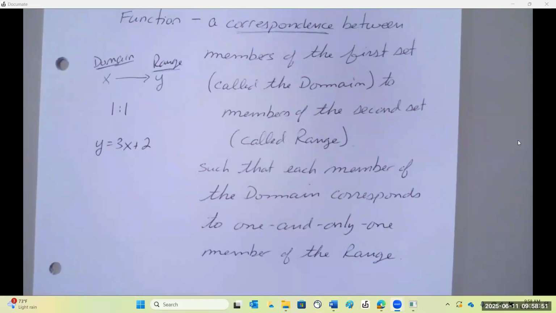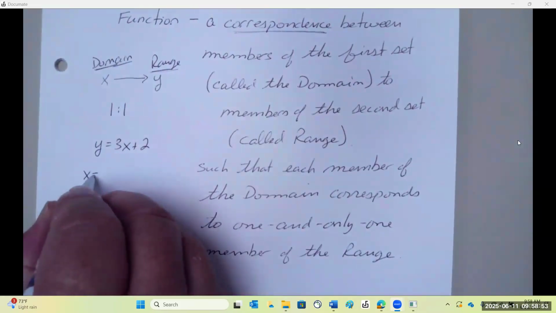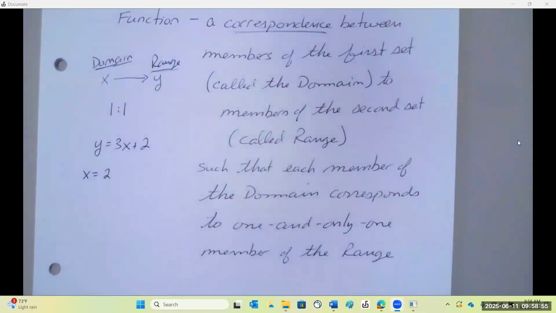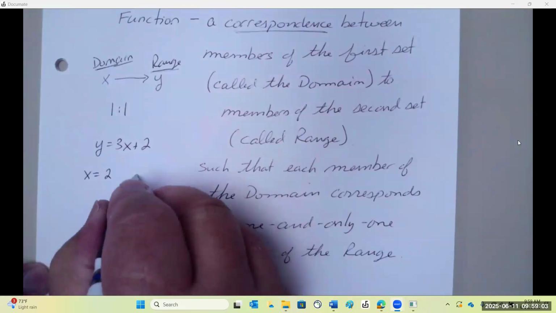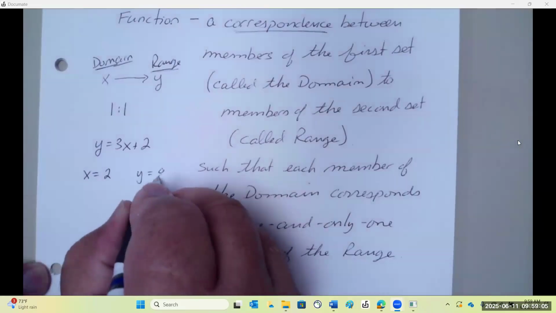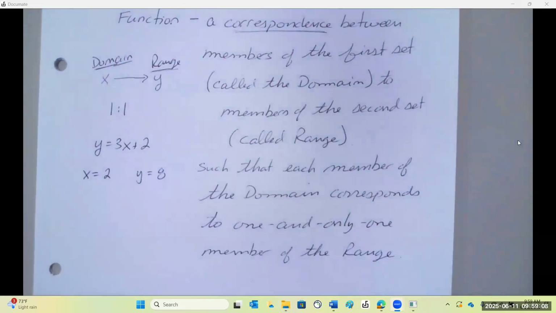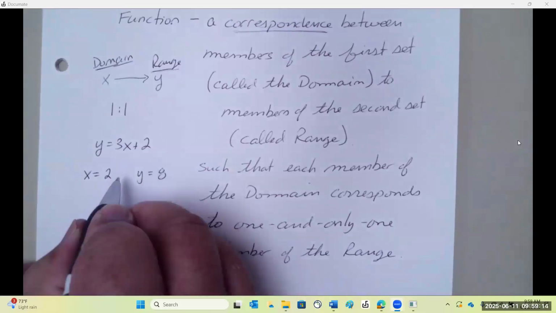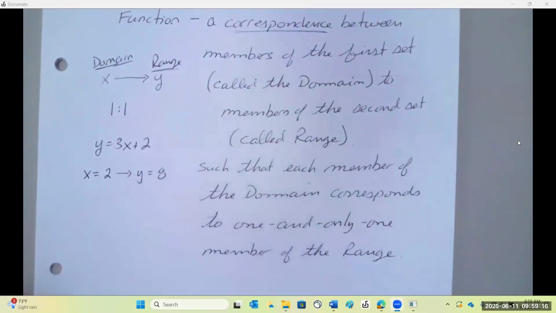In this one, if I picked one value of X, can it give me more than one answer Y? No. I plug it in there and I get 8. That's a one-to-one relationship. That's a correspondence. So I go from this to that. We call that a mapping.